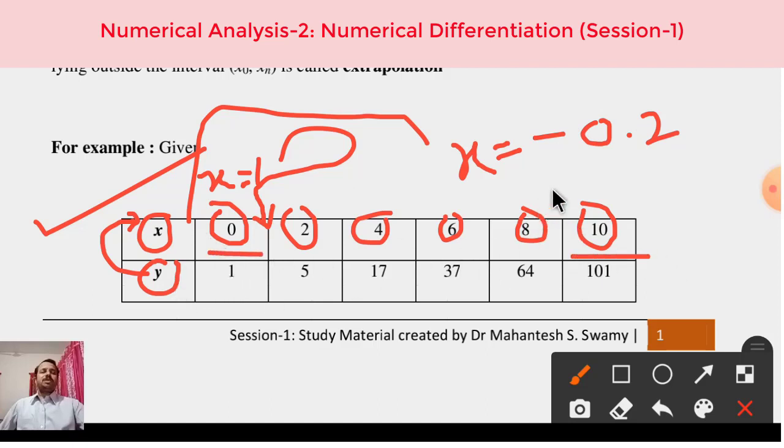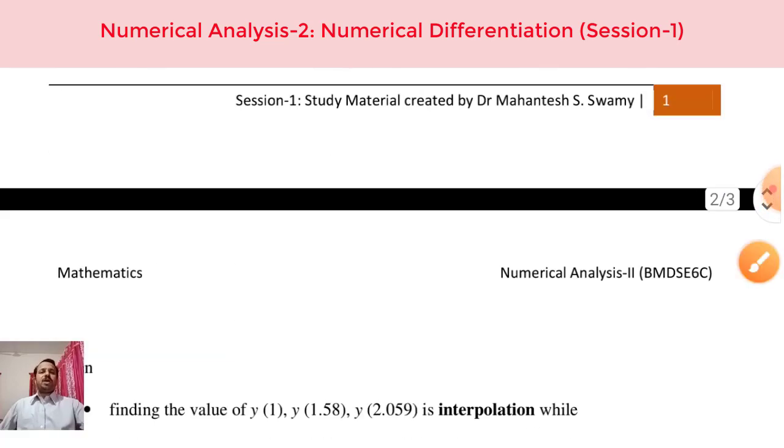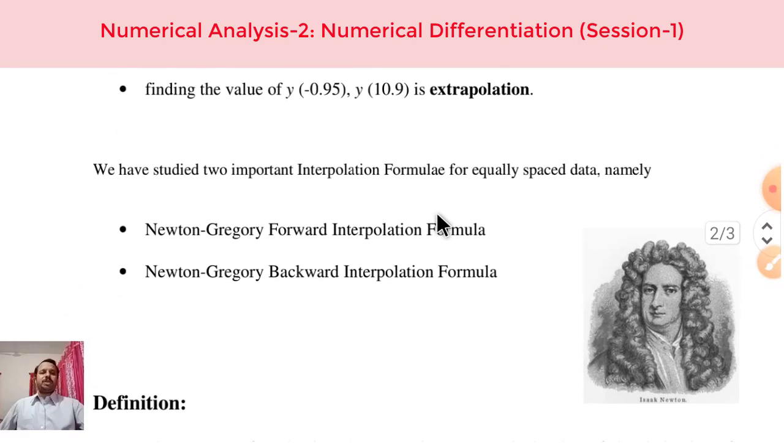That is, the point x equal to minus 0.2 is outside the given table. Therefore, the process of finding the value of y at this point is called extrapolation. So this is how we have discussed interpolation and extrapolation.